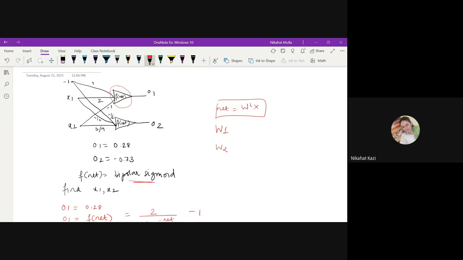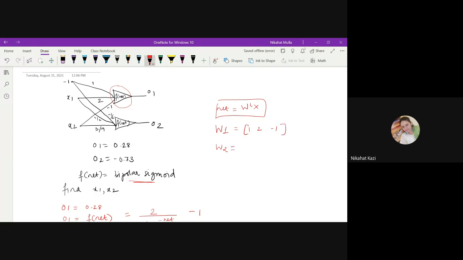So what is W1? W1 is a weight vector, all the weights: 1, 2, -1.